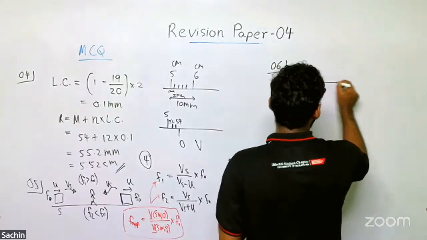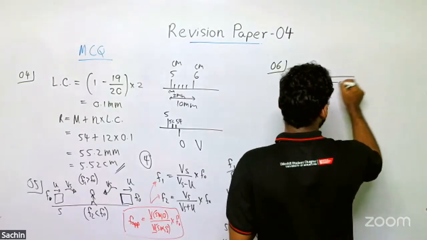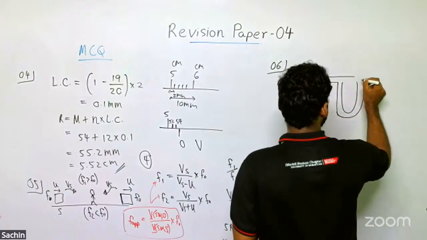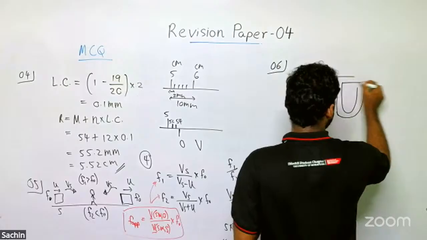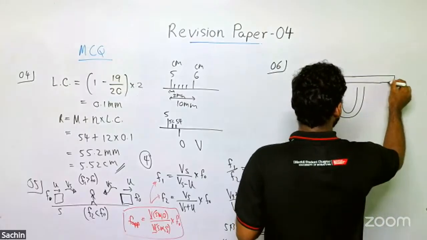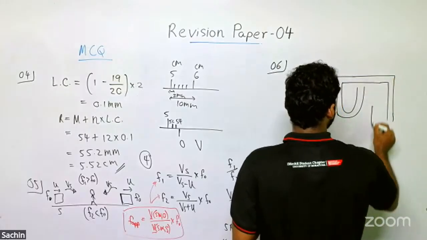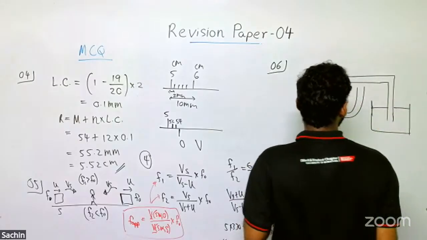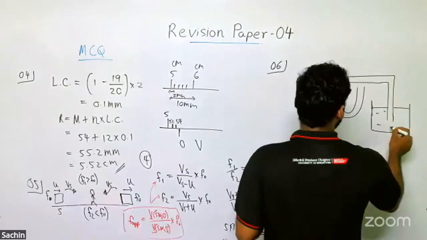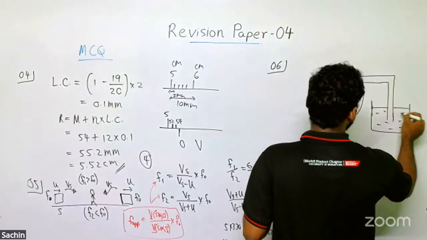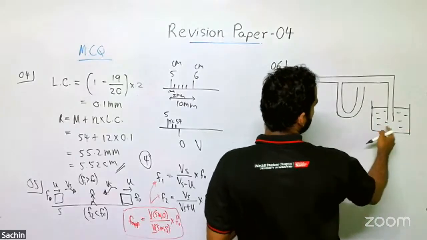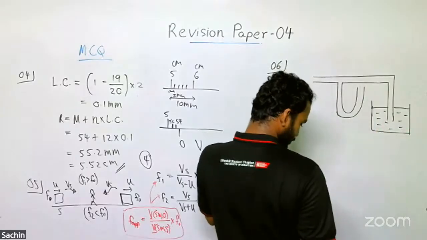In Jaguar's method, there is some apparatus like this, and the other end of this tube is submerged in a liquid vessel which contains the liquid whose surface tension should be measured. So we need to measure the surface tension of this liquid.